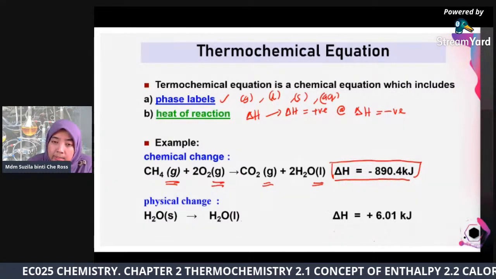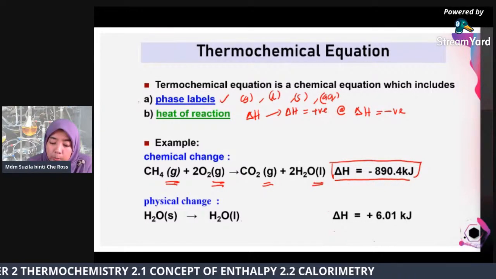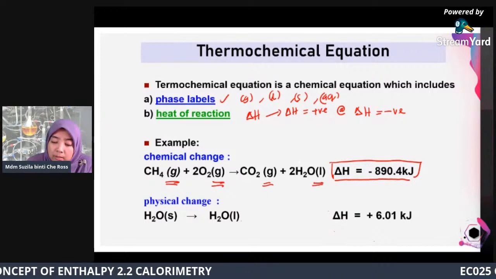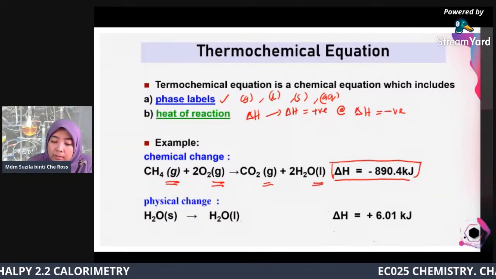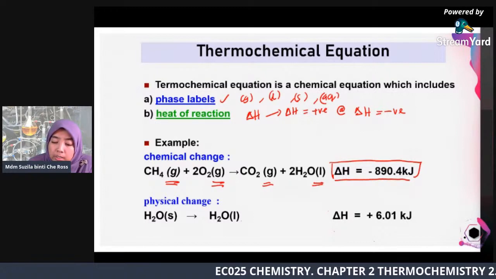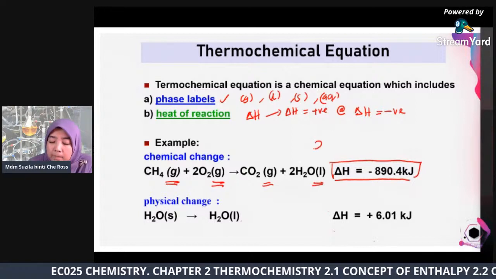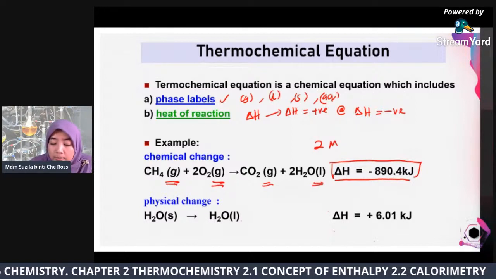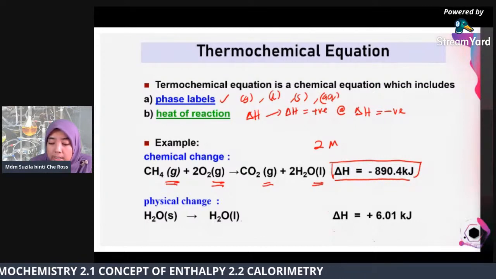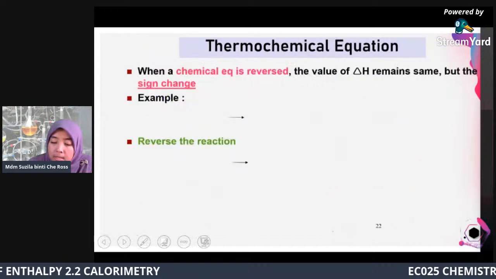So these two things are very important in a thermochemical equation. Okay, normally for a thermochemical equation, the question will be given 2 marks. 2 marks means 1 mark for the balanced equation, and 1 mark for the delta H given at the end of the equation. Okay, next.